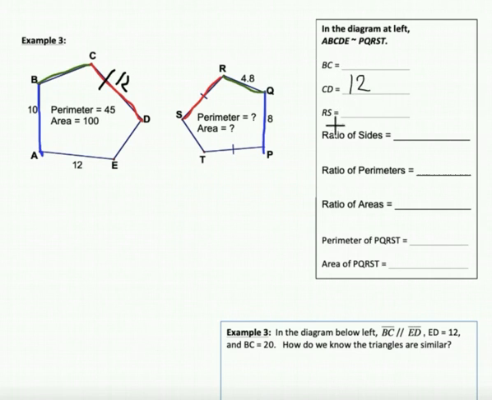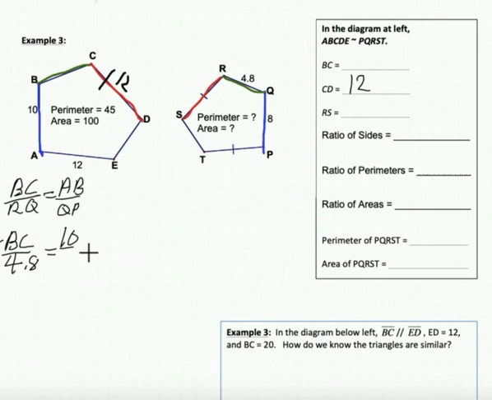Let's find length BC first. So BC corresponds to QR the same way that AB corresponds to PQ. So that means that BC is to 4.8 as AB, which is 10, is to PQ, which is 8.